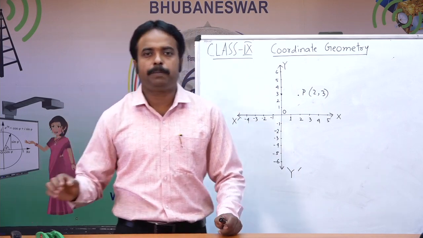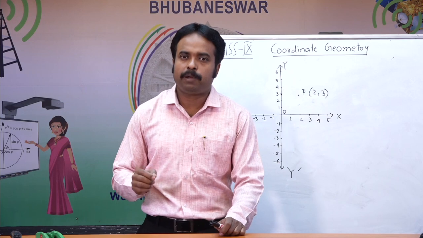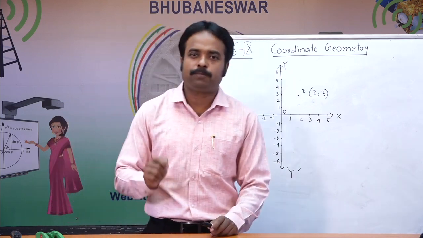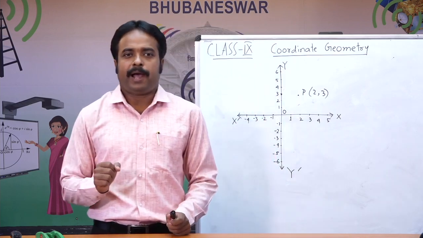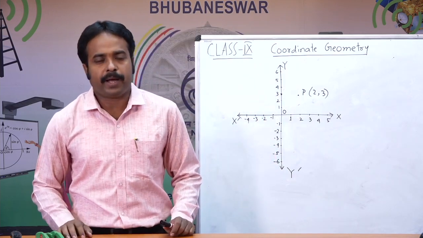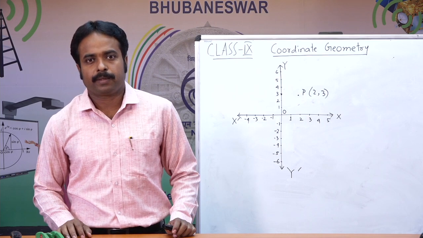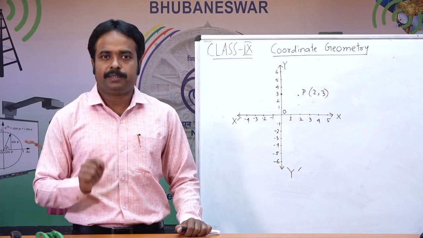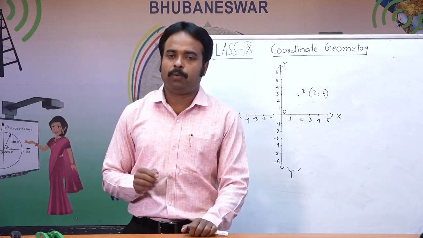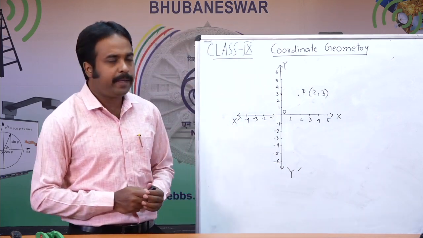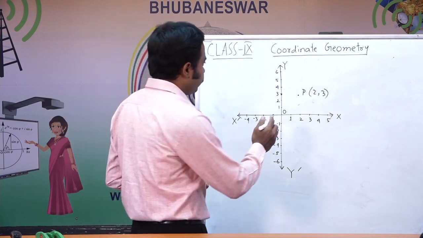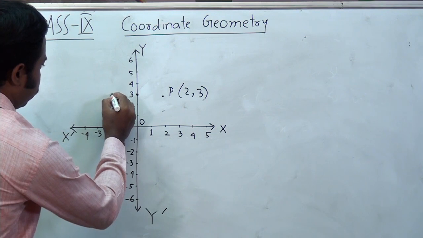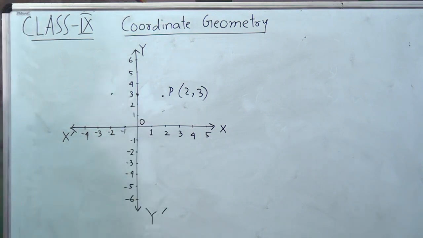By the laws of reflection, which you have learnt in physics, the image of this point will be formed at an equal distance behind the mirror. So if you consider the mirror to be on the y-axis, the image will be formed at an equal distance from the y-axis.